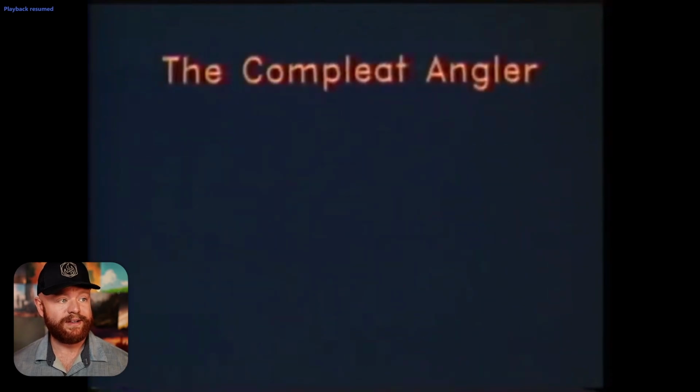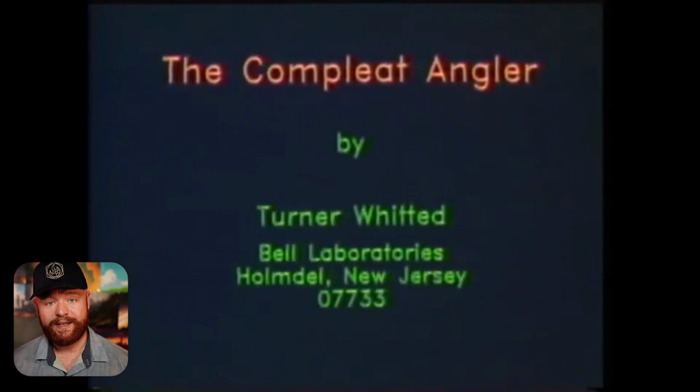Now, even though we all love the look of gray polygons, a lot of the magic that we experience in CGI comes down to look development. Check this out. This video here is the Complete Angler, and this was in 1979, shortly after what we saw with the hand.